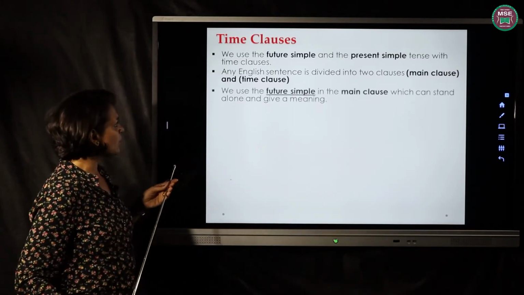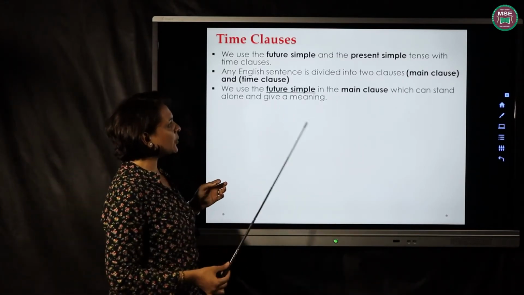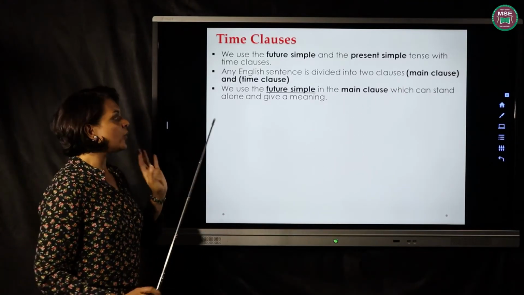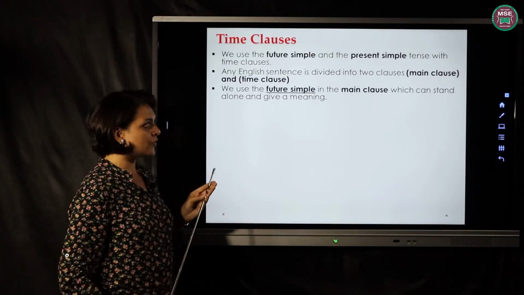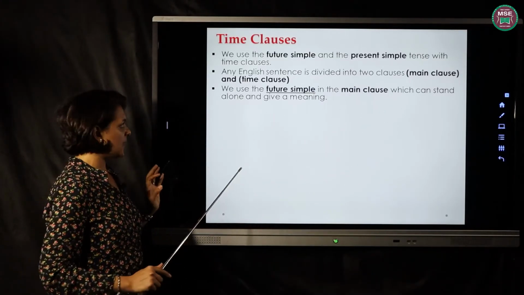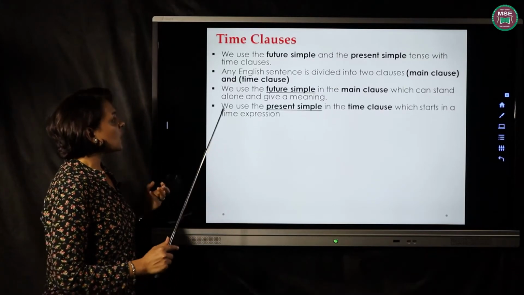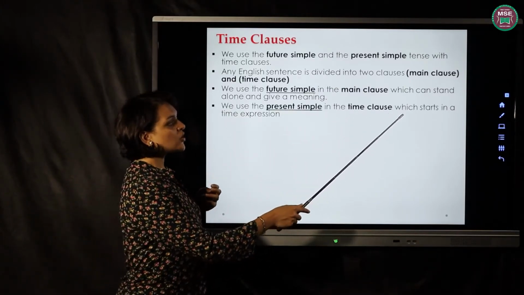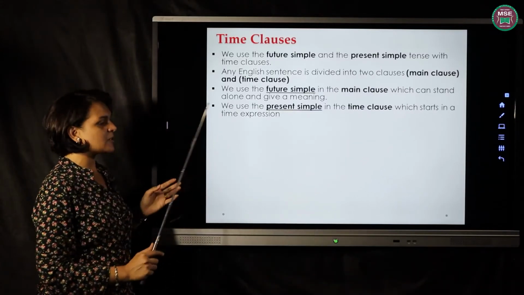Okay, let's see. We use the future simple in the main clause. So the main clause, which has a meaning, we have to put with it the future form, which can stand alone and give a meaning, as I said. What about the next? We use the present simple in the time clause, which starts with the time expression.